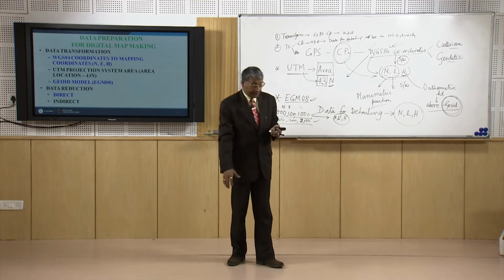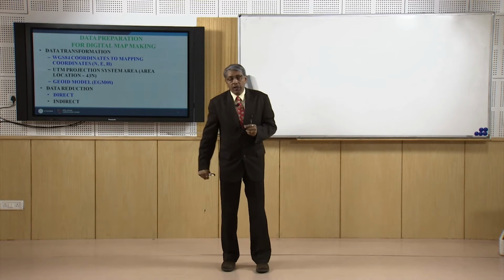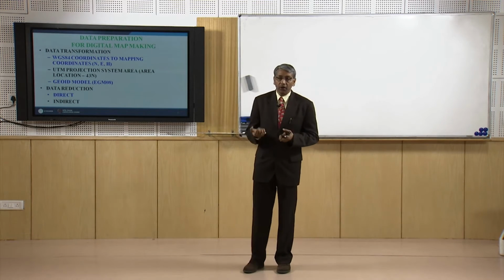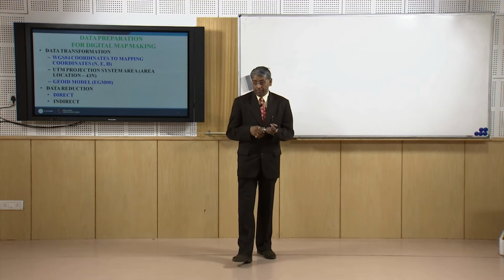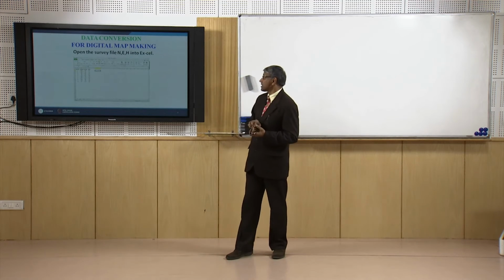So this is how our data is to be prepared before we go further for our digital map making. Once the data has been transformed and reduced, then we have to identify the software in which we are going to prepare the map. Now in our case, I will take the demonstration.